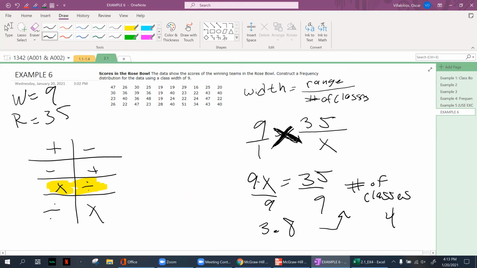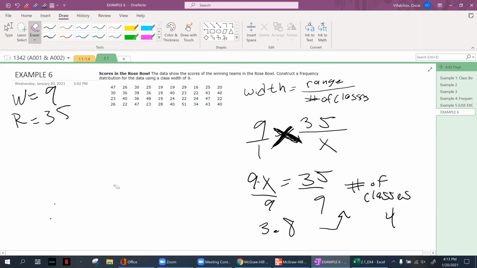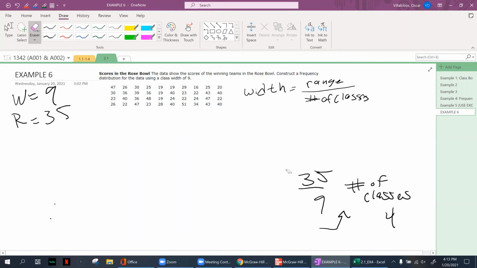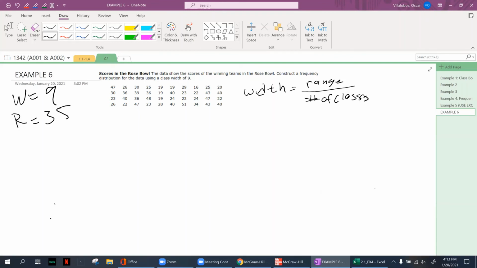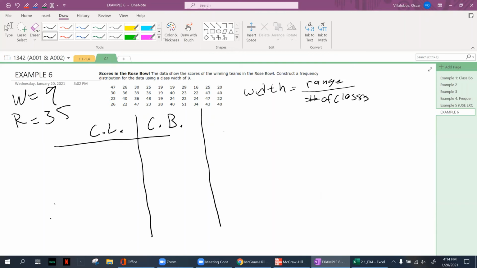So let's go ahead and erase all this. Number of classes is 4. I have my class limits column, then I'm going to have my class boundary column, and then my frequency column.